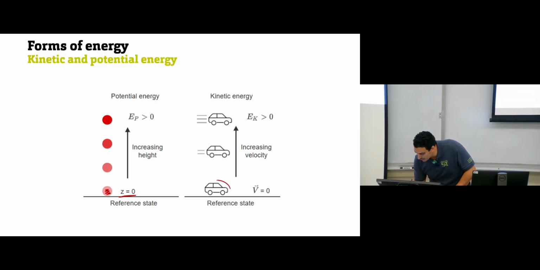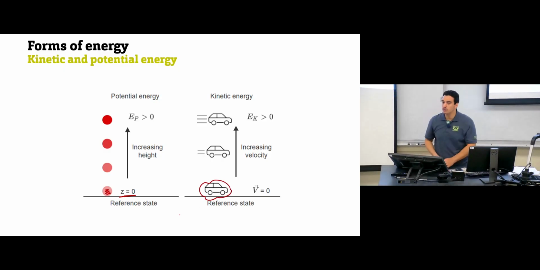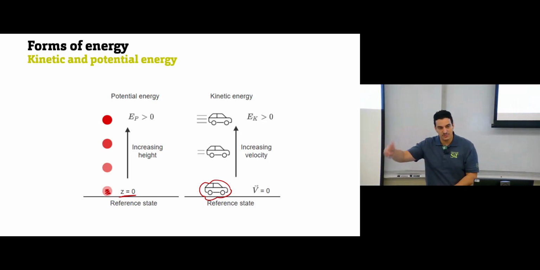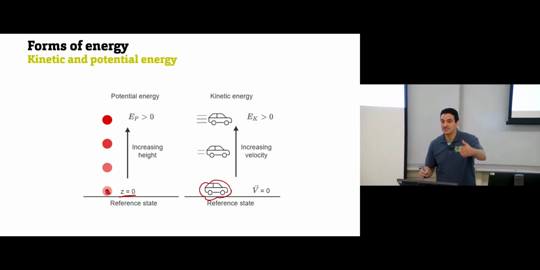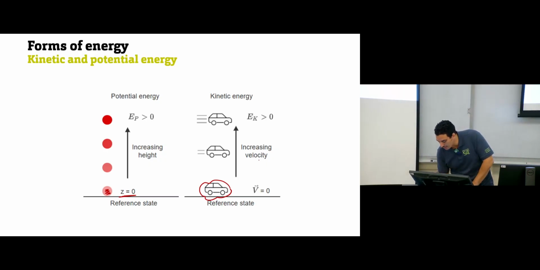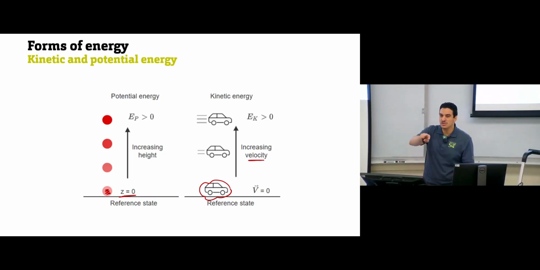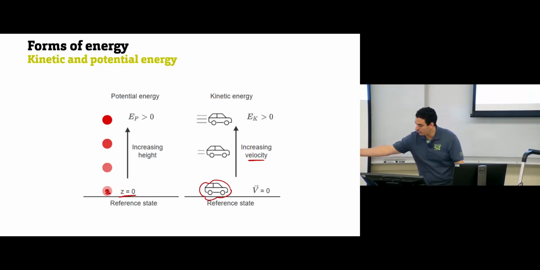If you have a body or system that is not moving, the velocity is 0, so the kinetic energy is 0. When this body starts to move, it starts to gain kinetic energy. And by increasing velocity, the kinetic energy of this body increases. So these are the two factors affecting it, besides for sure the mass of the body.